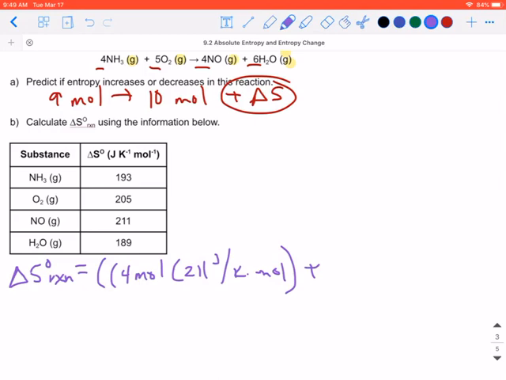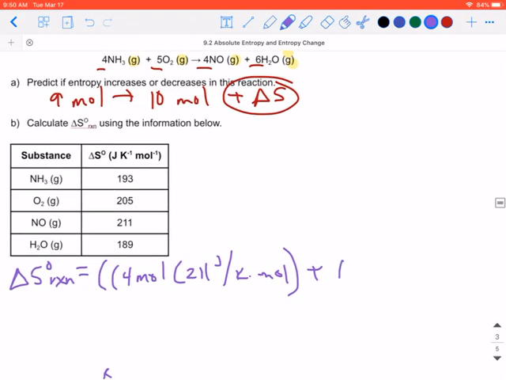So plus 6 moles of water, and the entropy of water is 189 joules per Kelvin times mole. Then let me put another parenthesis there.